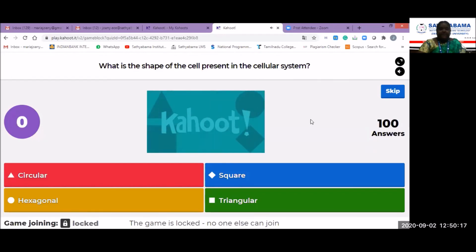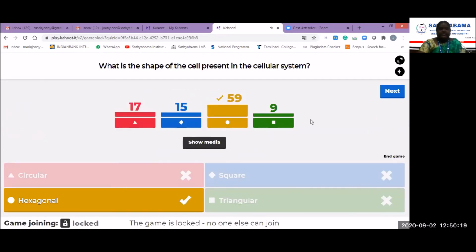Your time is up. Yes, it is going to be the hexagonal shape. We have seen that honeycomb kind of structure. All the cells will be divided in the shape of a hexagon.